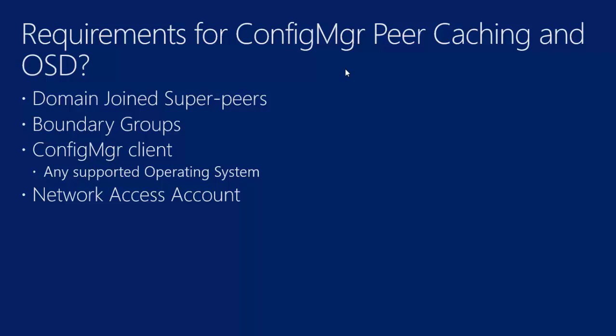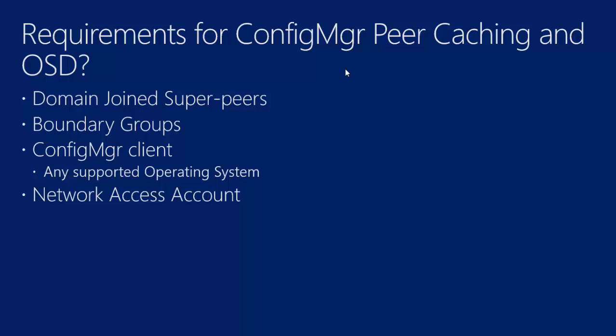That does not mean that the machines that receive the content from the super peers are domain joined. A great example of that, specifically in the OSD scenario, are systems that are building during the Windows PE phase. During the Windows PE phase, those systems are not domain joined. They are the equivalent of workgroup joined, right? But in Windows PE, we can easily pull content from a super peer or content source peer, no problem, right? So that's a great example of that.